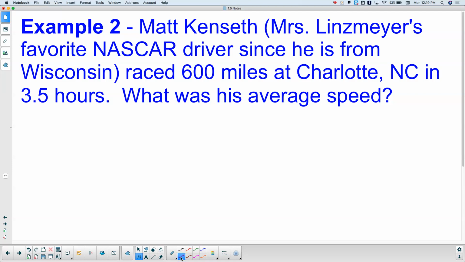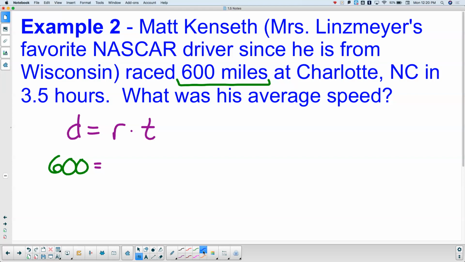So again, I would say D equals R times T. Distance equals rate times time. The distance that he drove was how much? How far did he drive? 600 miles. Do we know how fast he drove?